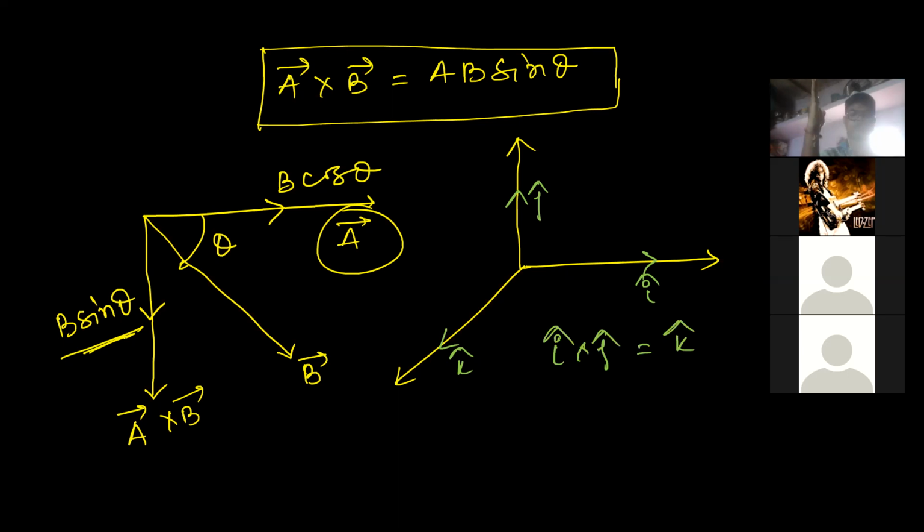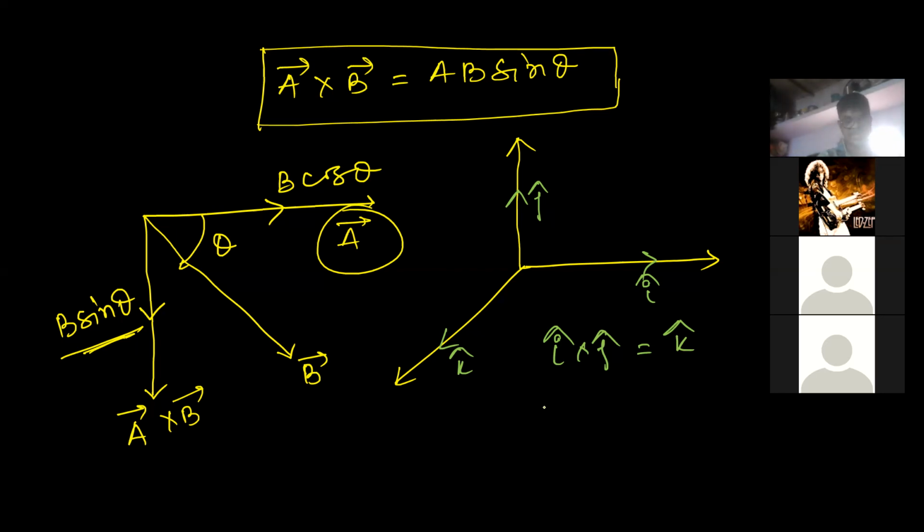Now suppose this is your j cap, and if I just curl my fingers like this, that means the j cap and k cap have multiplied and I am getting I cap here, right? In this way, whenever you curl your fingers, that means j and k both are multiplied and their product is I cap.